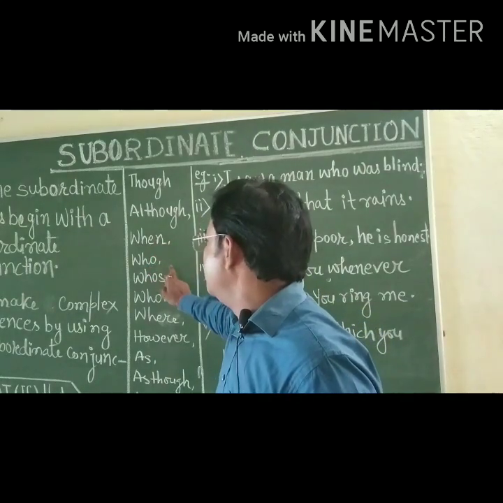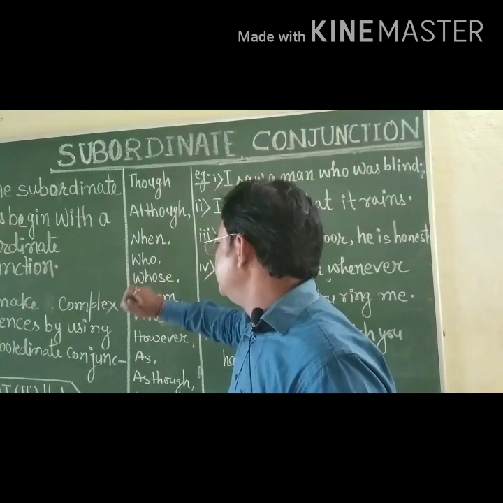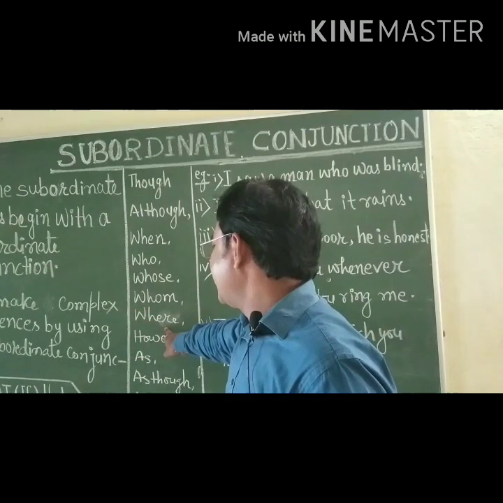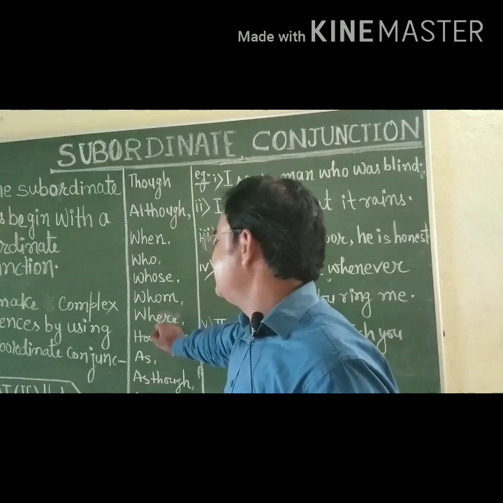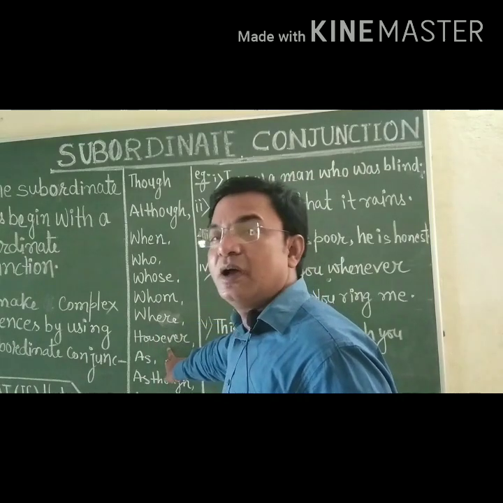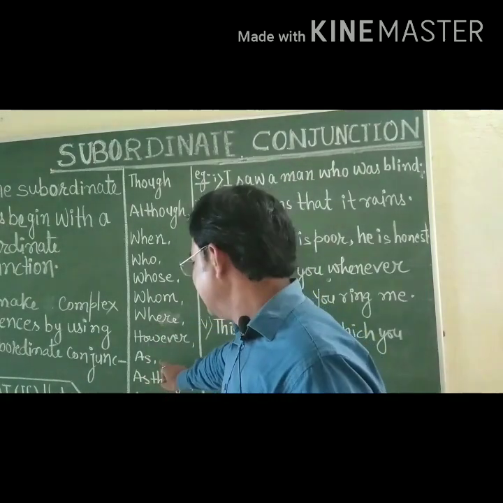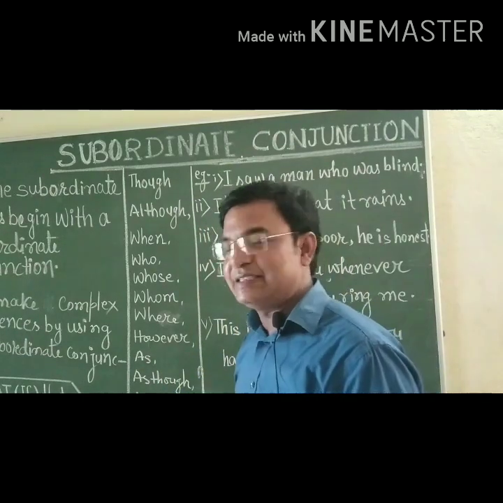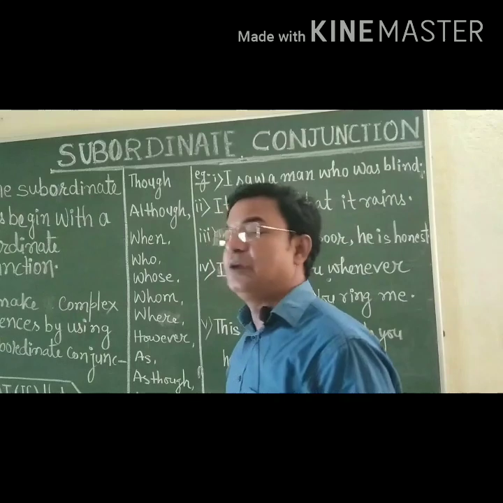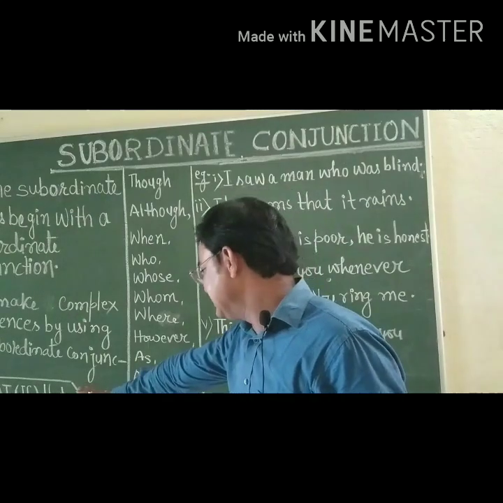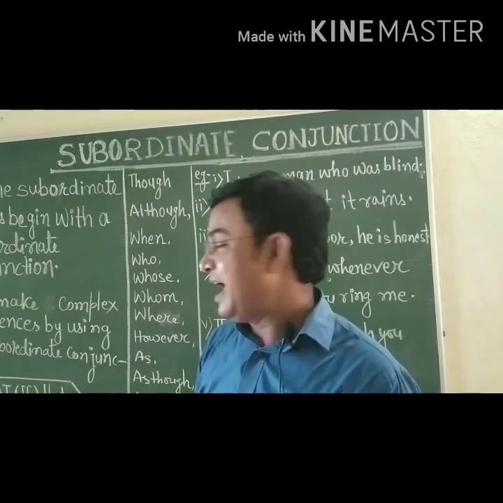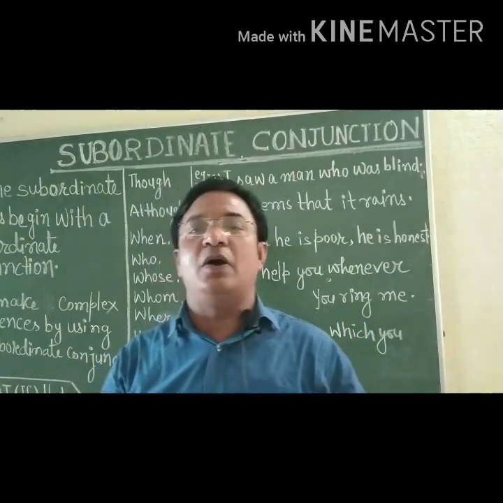W for when, W for who, W for whose. From W we can make whom. Where, H, how, however. A stands for as. A stands for as though, and as if, etc. And apart from that, we have got if clauses.